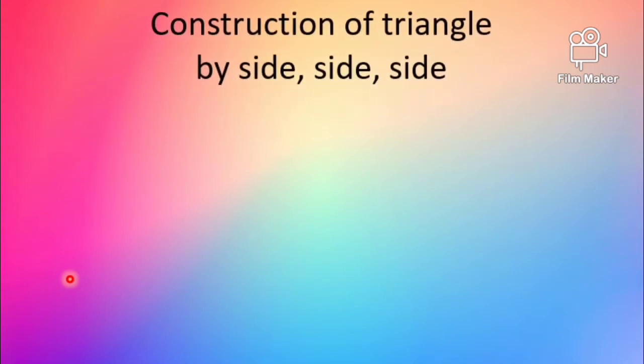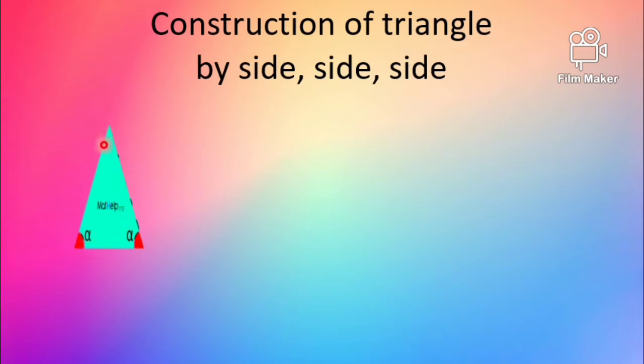Now let's take a quick review of the definitions of equilateral, isosceles, and scalene triangle. And we will construct these types of triangle when three sides are given. In first figure you can see the two sides of the triangle are equal.